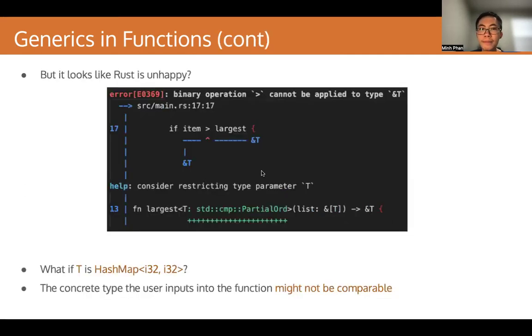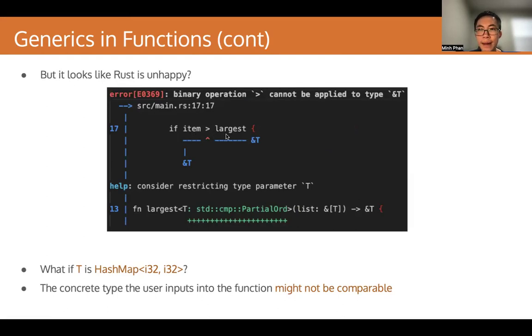Well, no. Rust is actually unhappy about our code. So here we have some pretty weird errors saying that we need to restrict the generic type T somehow. The reason here is that what if our T is a hash map? Then we cannot compare elements, right?